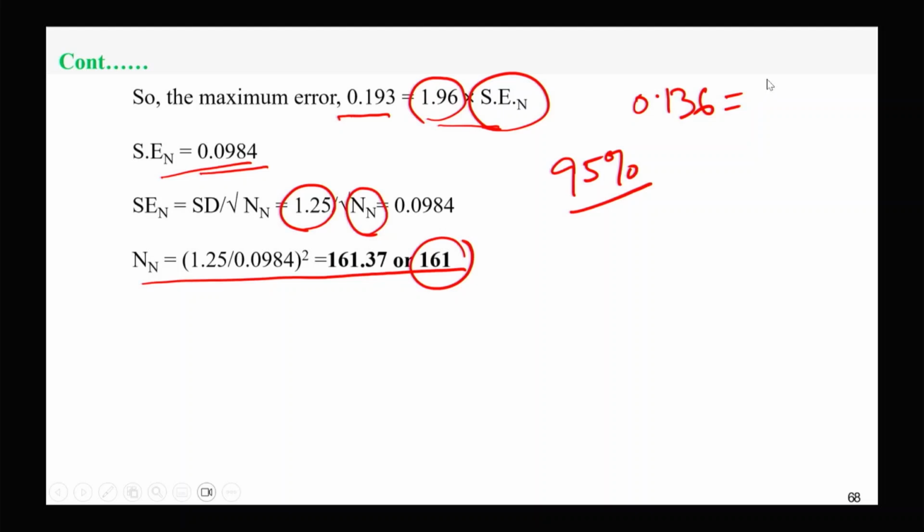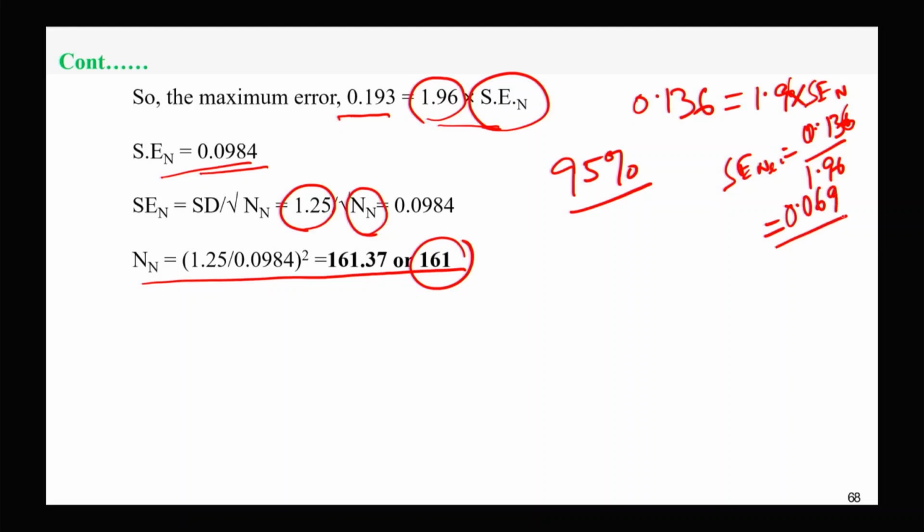This is 1.96 multiplied by the new standard error. The new standard error will be 0.136 divided by 1.96, which is 0.069.